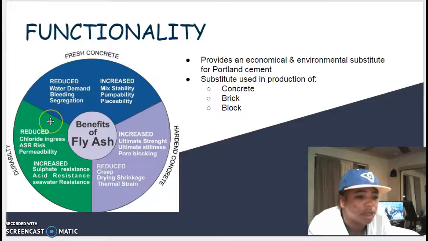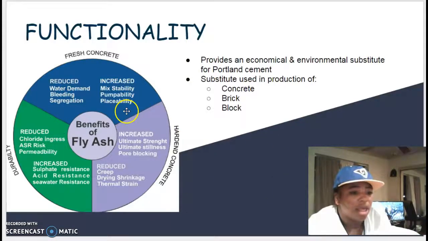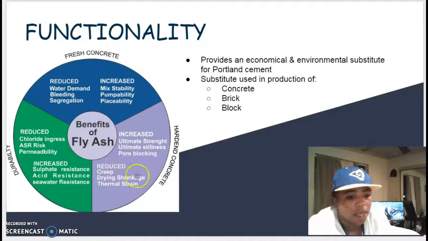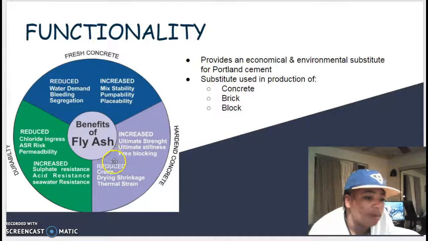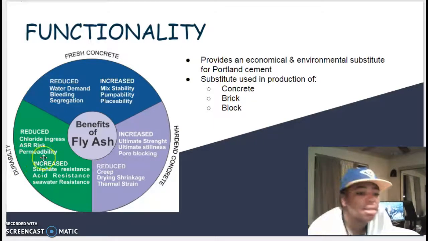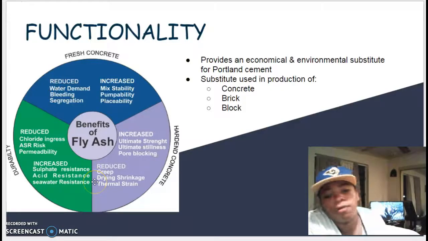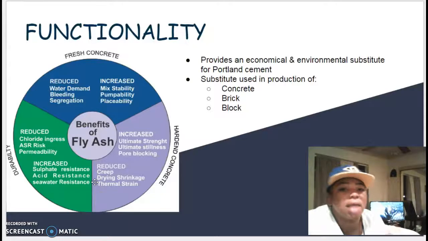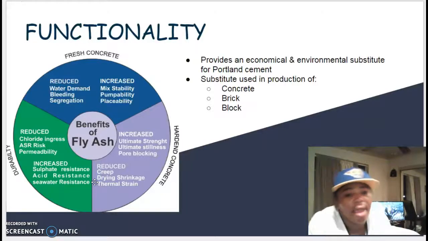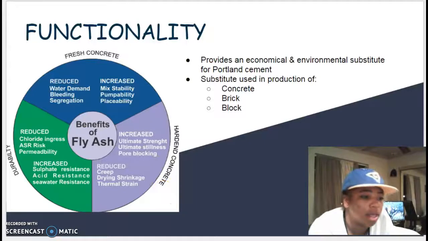It increases mix stability, and I also like that it increases the ultimate strength. It reduces chloride ingress and increases sulfate resistance. So in a nutshell, it's a substitute for Portland cement. It's actually a byproduct of it, and it's used in the production of concrete, brick, and block.